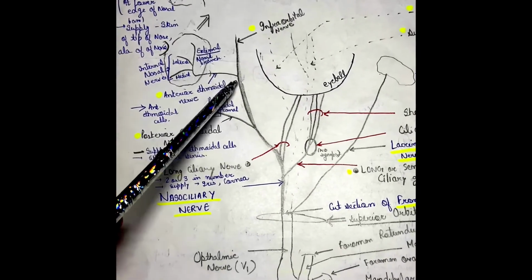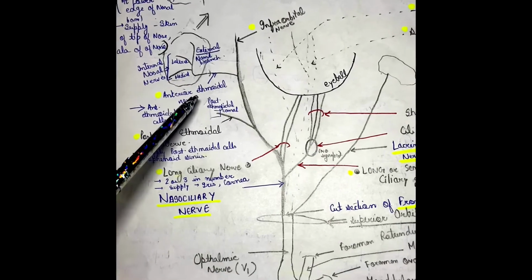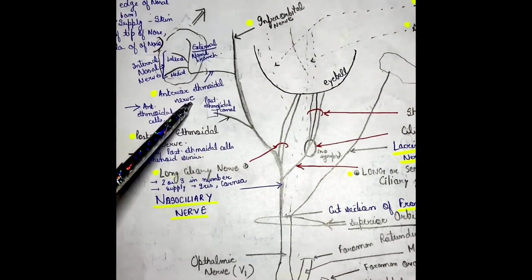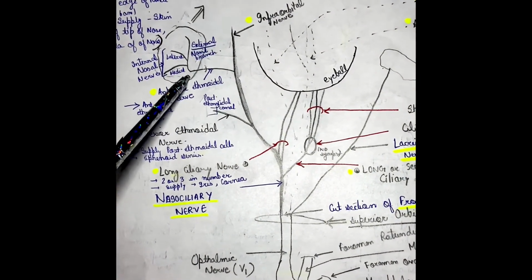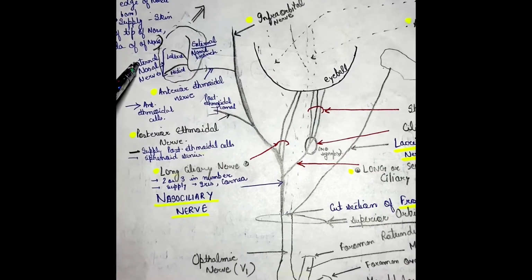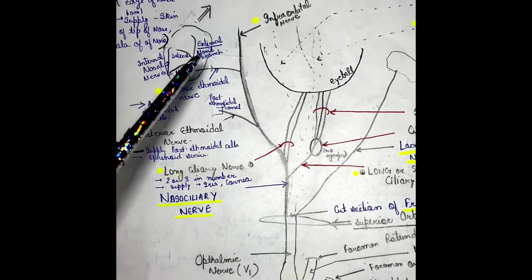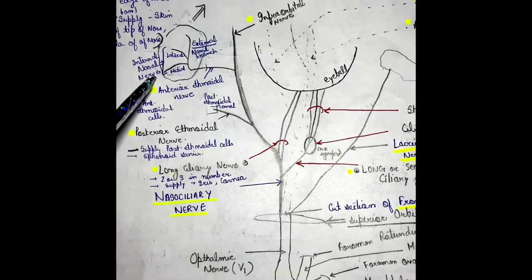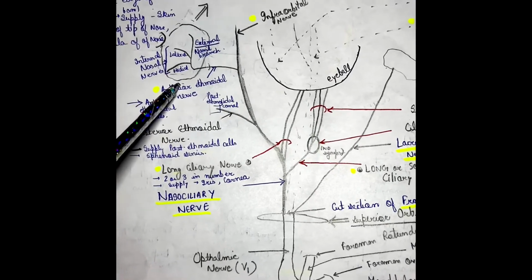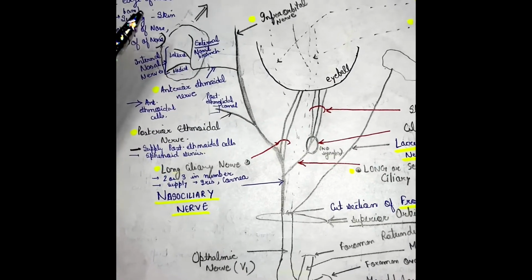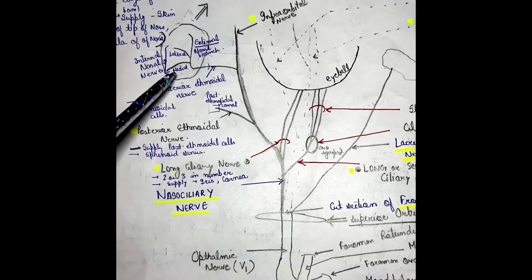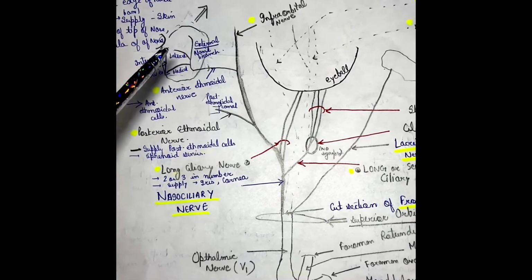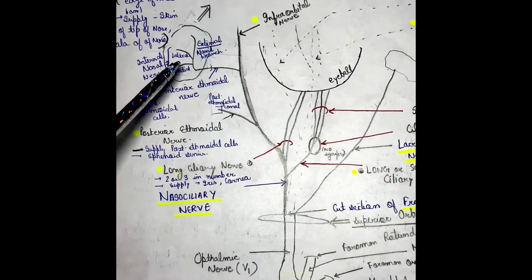Moving forward, there is a division, that is the anterior ethmoidal nerve. So this anterior ethmoidal nerve, when it enters into the canal, mainly gives two branches: one is the internal nasal nerve and the other is the external nasal nerve. Internal nasal nerve further divides into lateral and medial. Medial supplies the upper mucous membrane, whereas the lateral supplies the superior and the inferior part of the nasal concha.